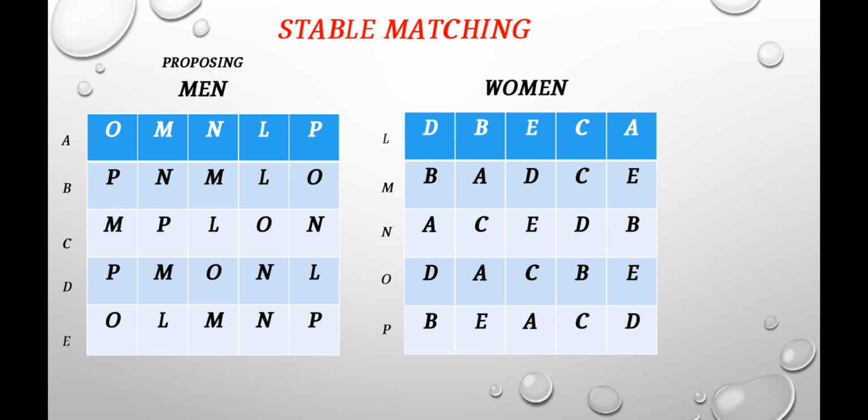So C proposes now to the last option N. As N is free and she is not engaged with anyone, she accepts C. So now all of them are engaged successfully and the unique pairs have been created and stable matching occurs.